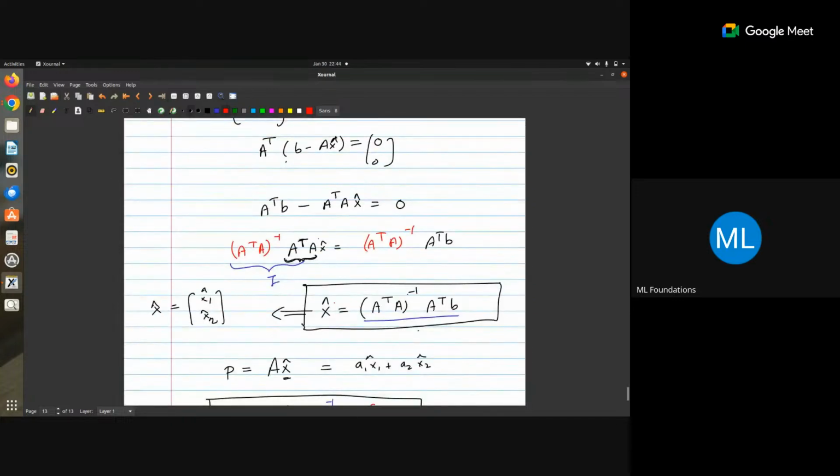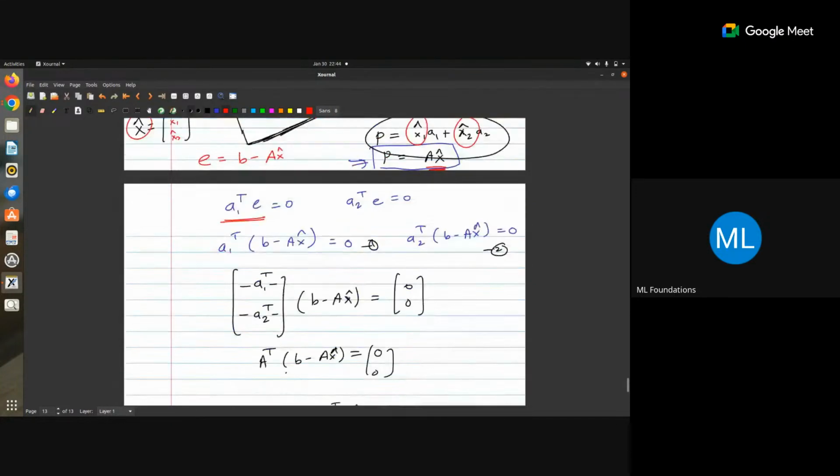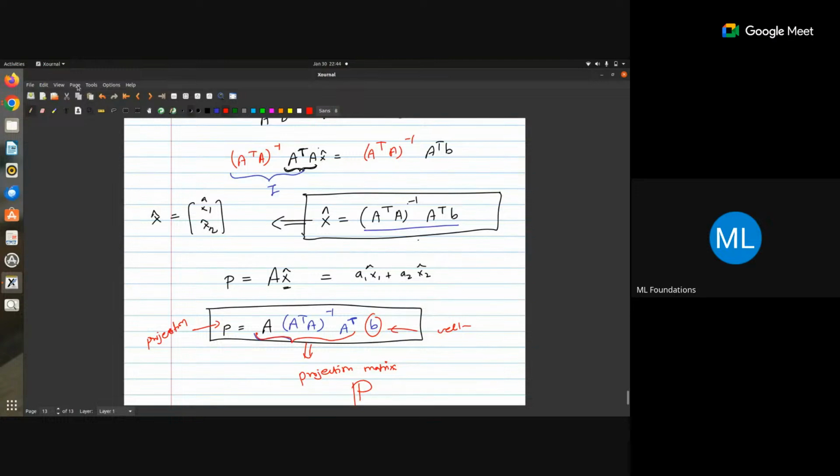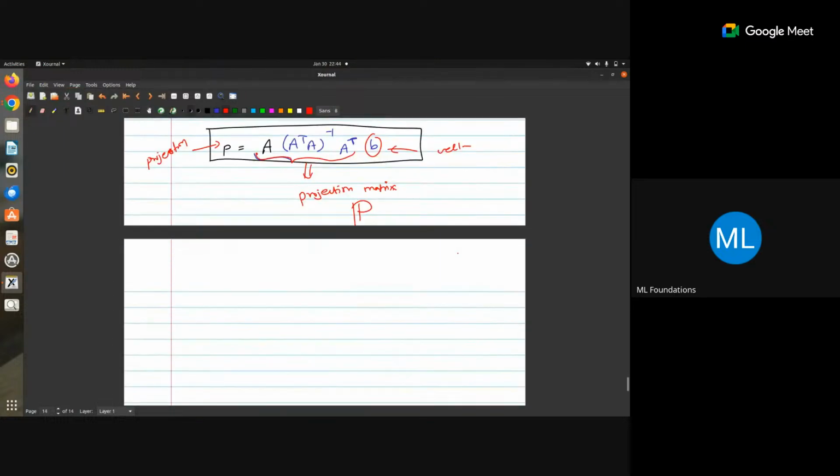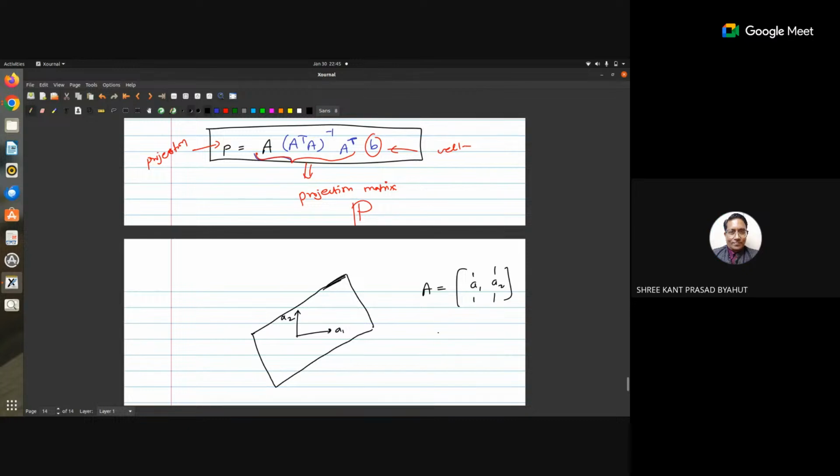To understand it better, maybe I'll just draw a fresh diagram. A is the matrix, and A is basically the column space, which contains vectors A1 and A2.